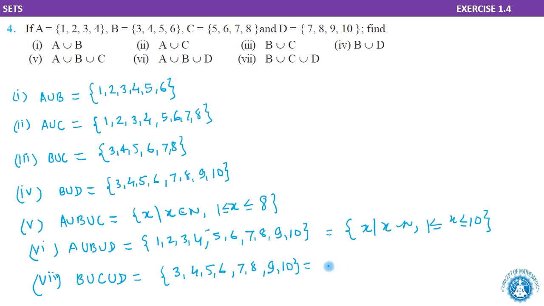We can write it in set filter form also: the set of all x such that x belongs to natural numbers and it will be from 3 to 10.